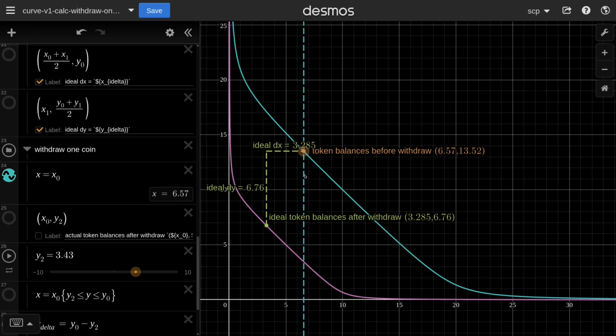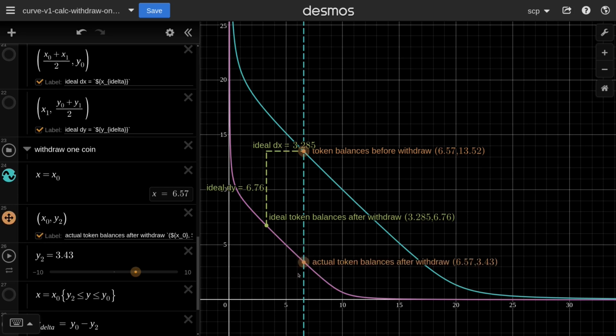Now recall that for AMMs, token balances must be on the curve that is defined by the AMM's equation. In our case, when we decrease liquidity, since we know what the amount of token X is, it must be somewhere on this line. Then the only token balance that satisfies that token X is on this line, and the balance of token Y is on this pink line, is the intersection between this green line and this pink line.